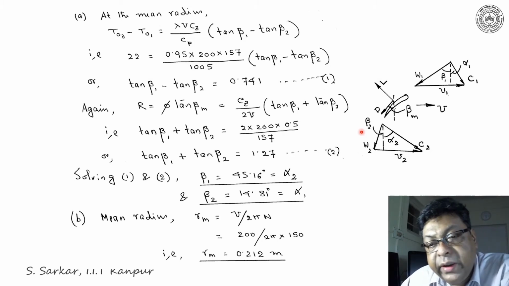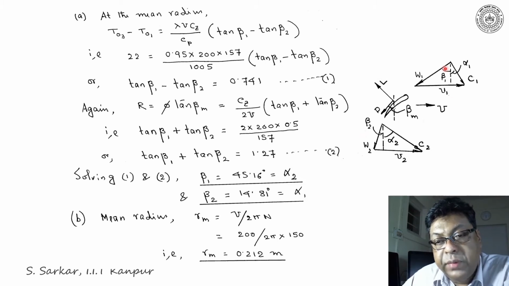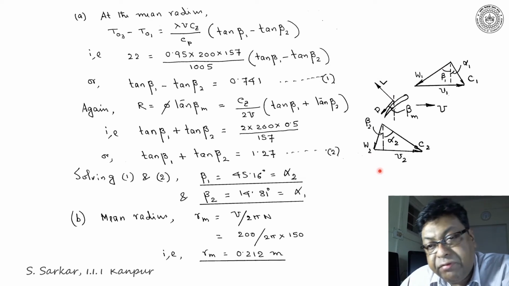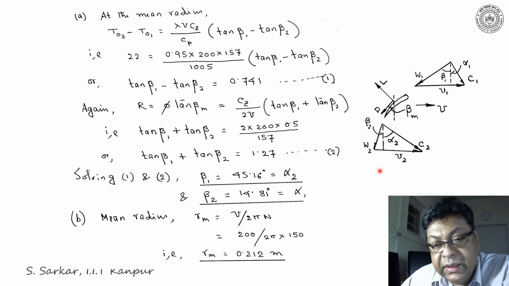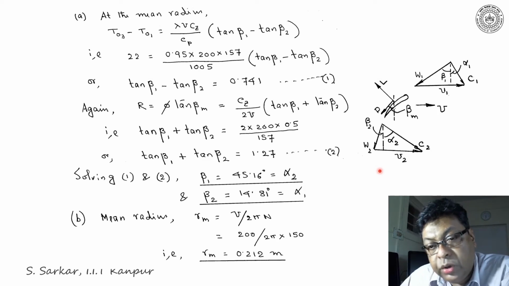Note that being a compressor, the flow will be deflected. That means relative velocity would be deflected, and W2 will be less than W1. Relative flow will be decelerated, and also beta 2 would be less than beta 1.